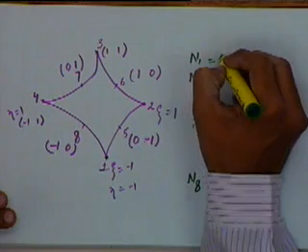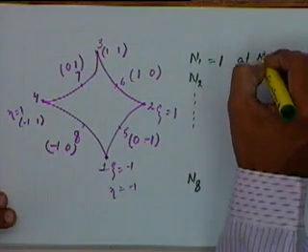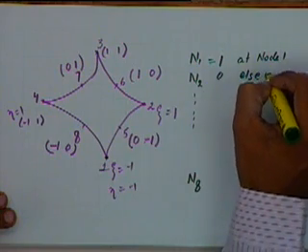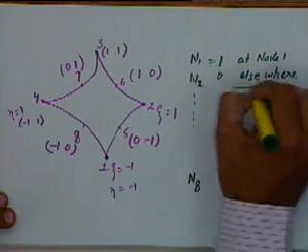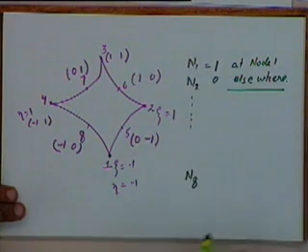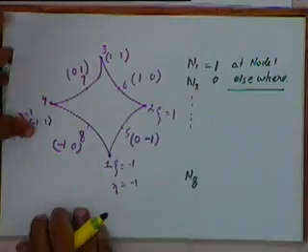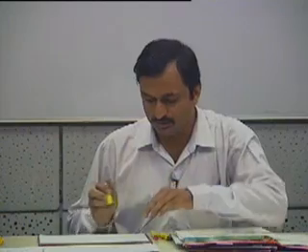So N1 will be equal to 1 at node 1 and 0 elsewhere. Similarly for N2 and so on. So let's redraw this element in terms of the zeta and eta coordinates.